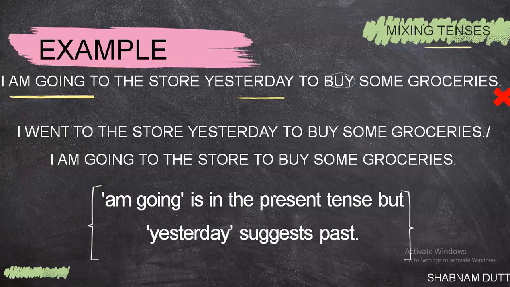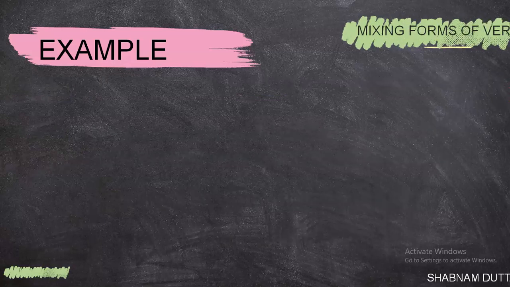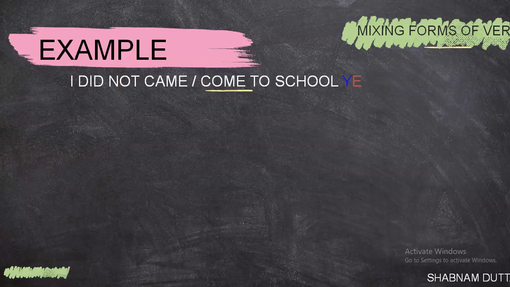The next mistake we make with tenses is mixing different forms of verb. For this, let me give you a very common example. Suppose you were absent the other day and a teacher asked you something about that particular day. What would you reply? "I did not came to school yesterday" because "came" is all about past, or "I did not come to school yesterday."